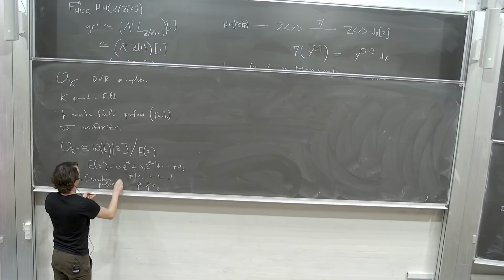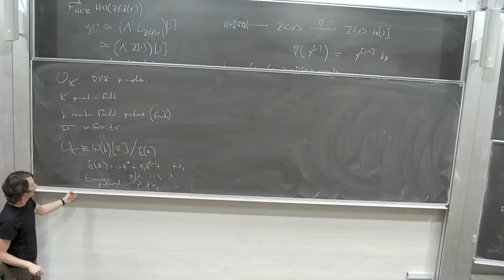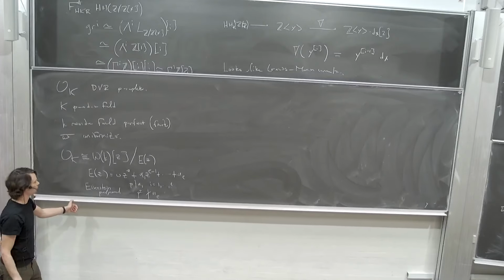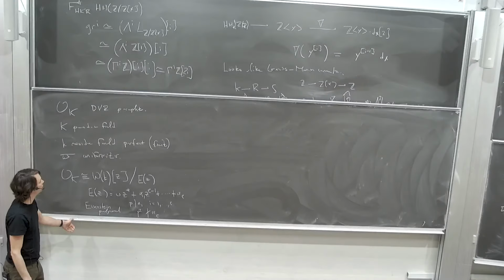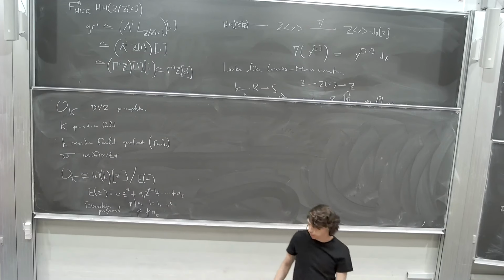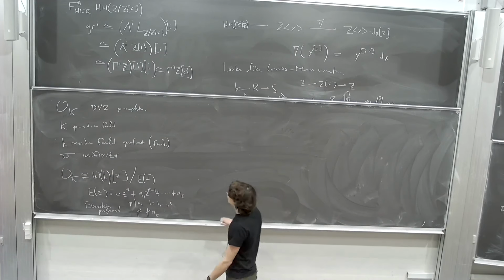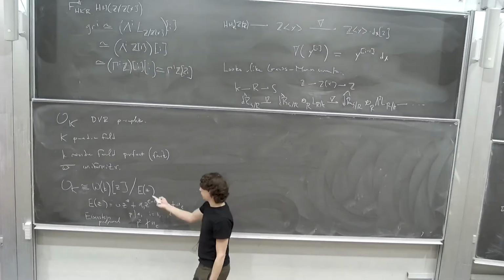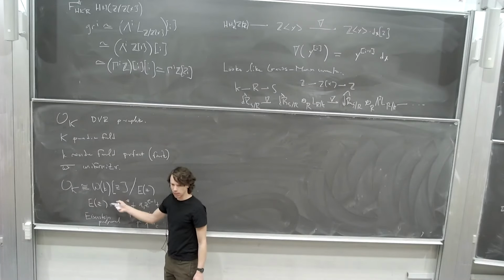And the uniformizer pi satisfies such a polynomial, the minimal polynomial of that element in the field. So this is actually an example of a prism, by the way, at least if we complete.